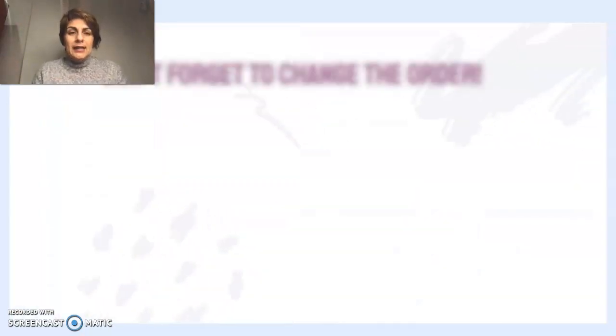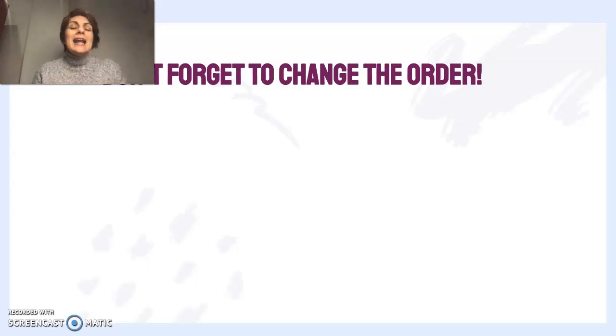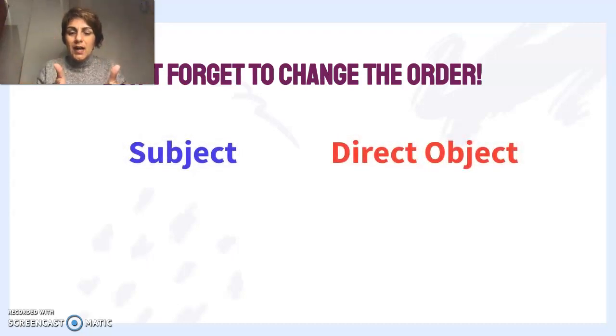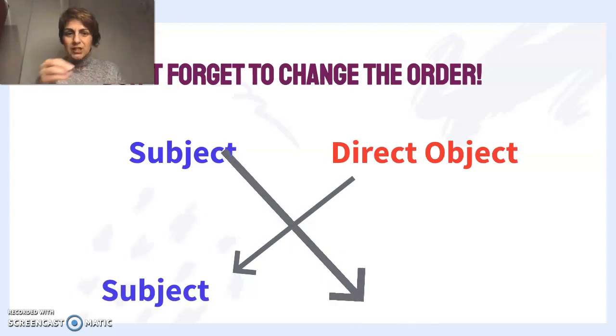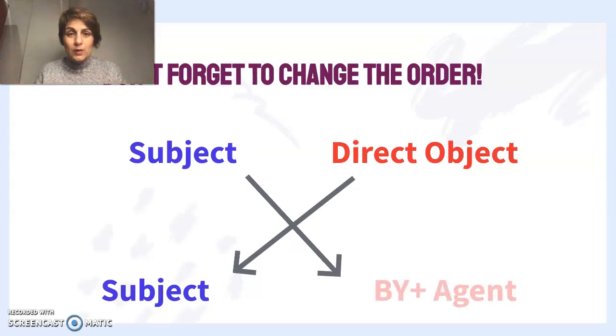Now, obviously, another aspect to consider is the order of the elements. Okay, we have seen what elements to use for the passive, but now we have to remember that a direct object in an active voice becomes the subject in the passive, and the subject changes its position and becomes the agent, an agent which will be preceded by the preposition by.